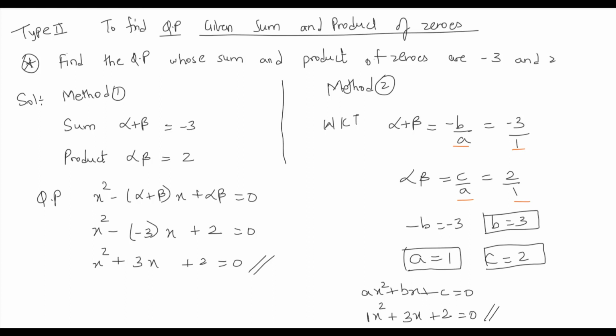This is our method 2. In method 2, we should find and compare the coefficients with our sum and product of the zeros, so that you will get your a, b, c values, that are coefficients, and substituting them in general form will give us our answer.